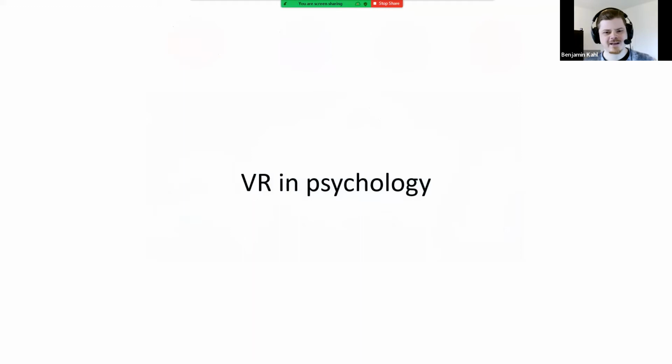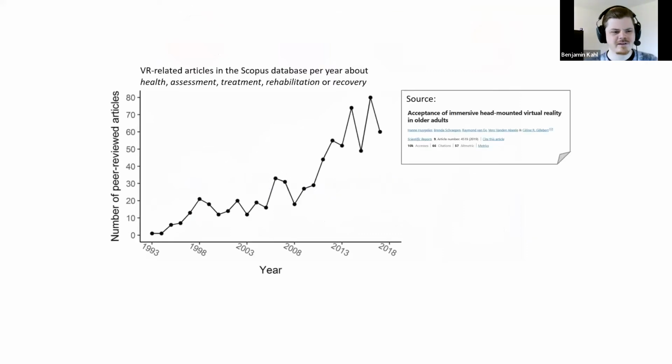So if you're looking at VR in psychology, the status quo is that research is quite sparse and there aren't a whole lot of publications, but as you can see here, it's slowly picking up steam, especially now as VR proliferates onto the consumer market and becomes more accessible. Your average VR kit costs a few hundred euros.